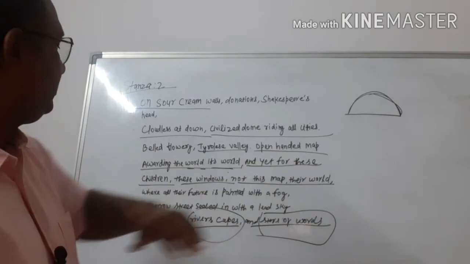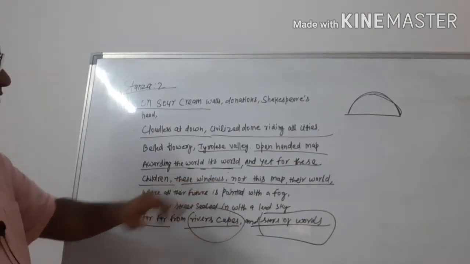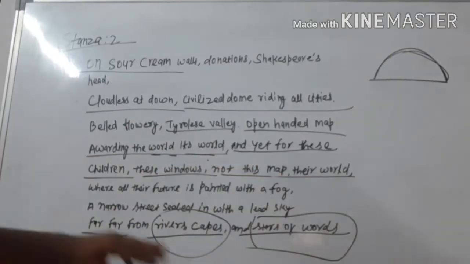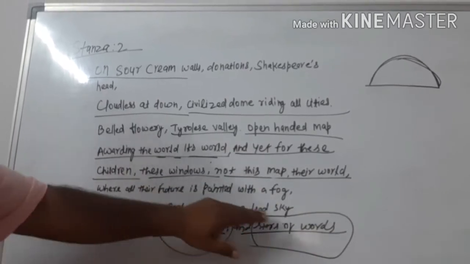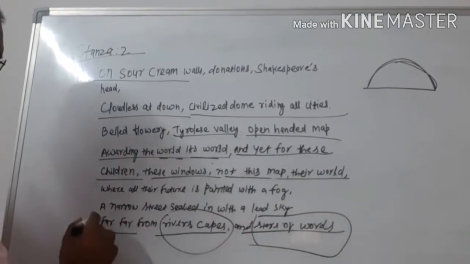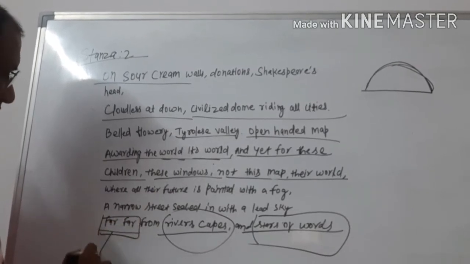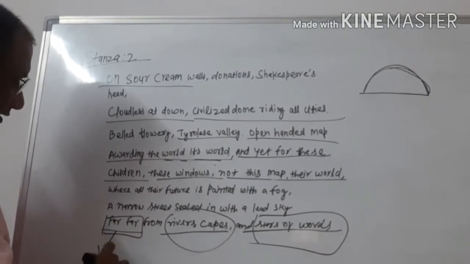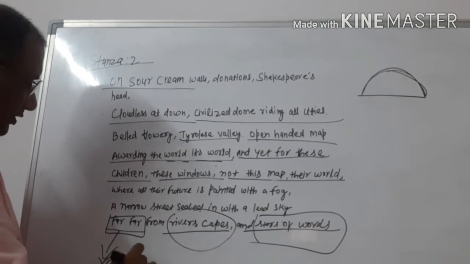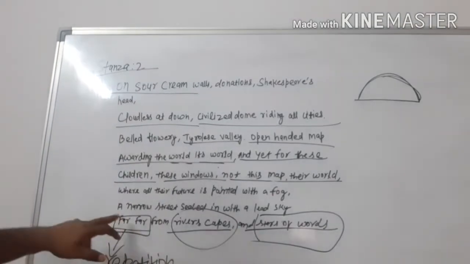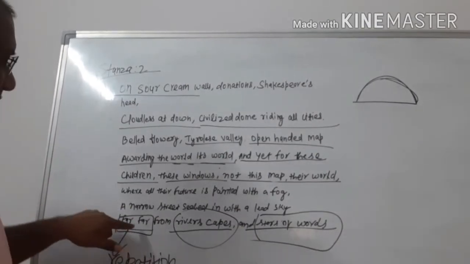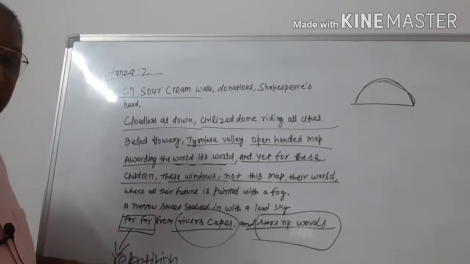And yet for these children, these windows, not this map, are their world, where all their future is painted with the fog, a narrow street sealed with a lead sky, far. Again there is repetition, because the same word is repeated. So this is a poetic device, this is called repetition.